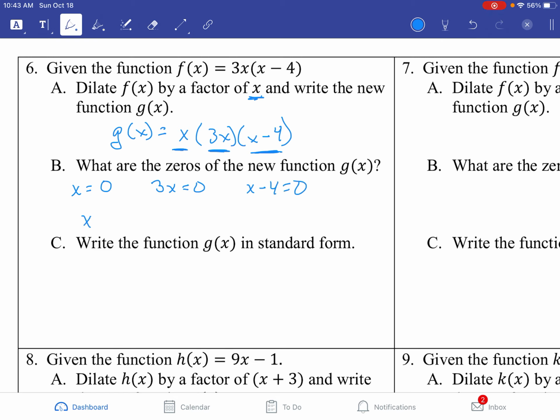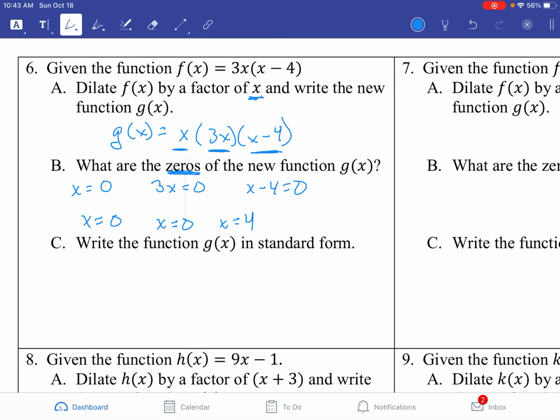Here you get x equals 0. The second one you divide by 3, and 0 divided by 3 is 0. And the last one, you add 4, so x equals 4. You're done. When it says zeros, it's asking where the graph crosses the x-axis. That is where y equals 0, so that's why you set all the factors equal to 0.